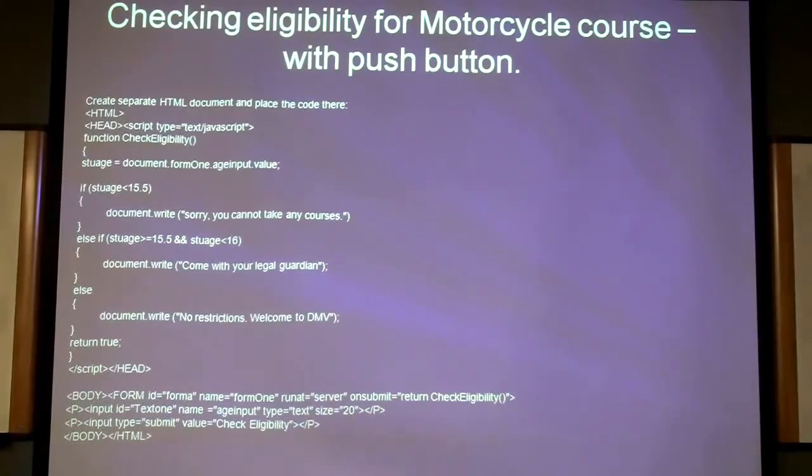Any other questions? Form ID is equal to form A. Yeah, ID is form A, name is form 1. So essentially we use two systems to identify this form. The point of these attributes, ID and name, is to uniquely identify the given form, because you may have several forms, right? But you should be able to identify them.